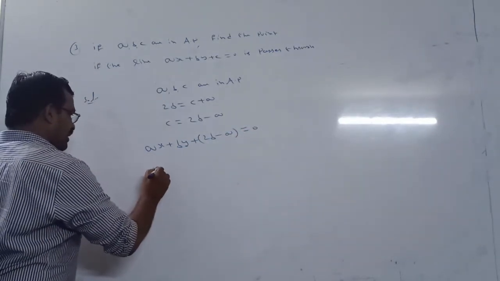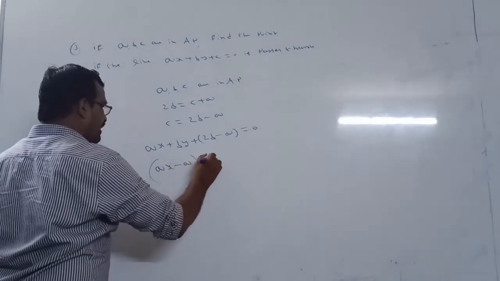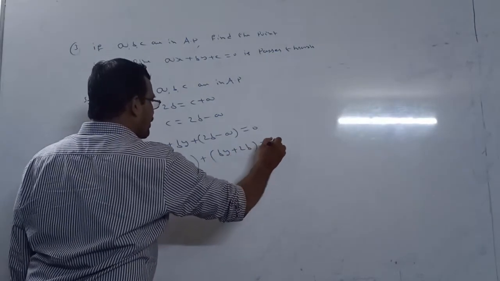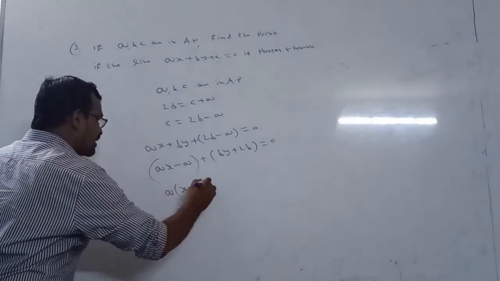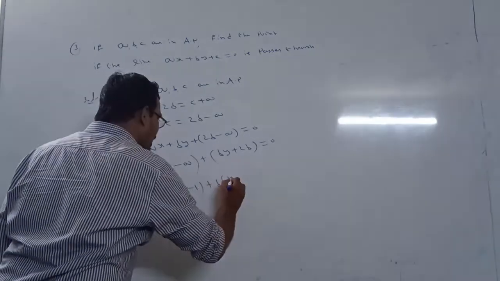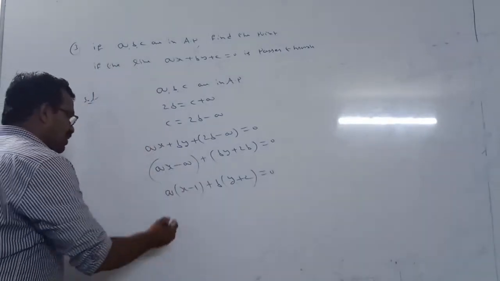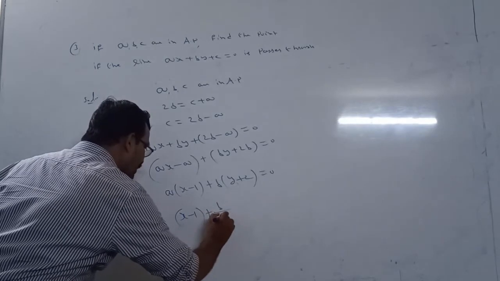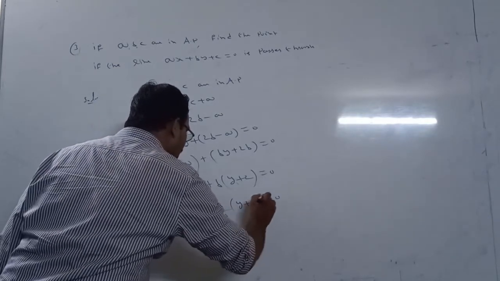Here ax minus a is one pair, and by plus 2b is another pair. Taking a common, x minus 1, and taking b common, y plus 2, equal to 0. So x minus 1 plus b by a times y plus 2 equal to 0.